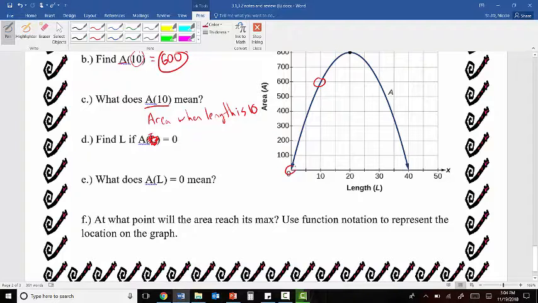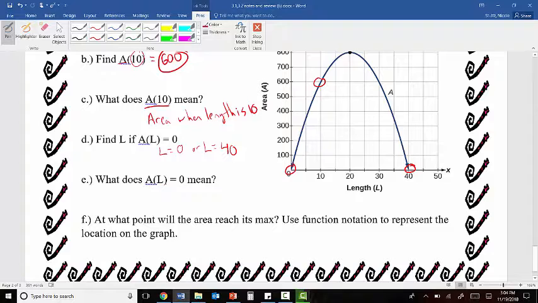And you're going to circle all the spots where your little curved graph touches 0 high. So it also will happen over here. So both of these have a 0 area. So L actually can equal two things in this problem. So it can be 0 or it can be 40.